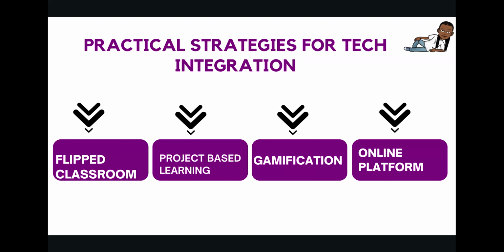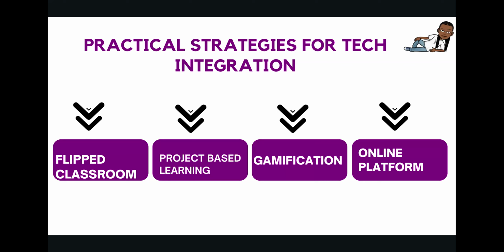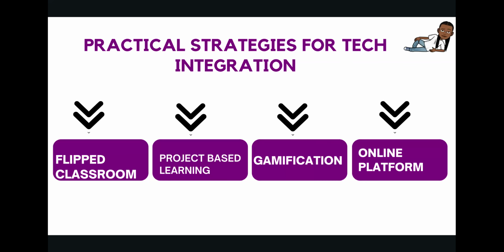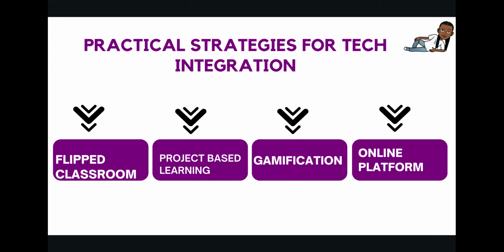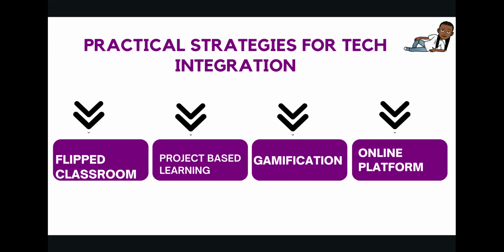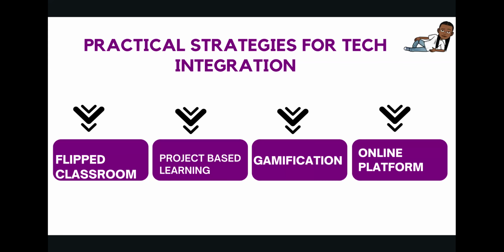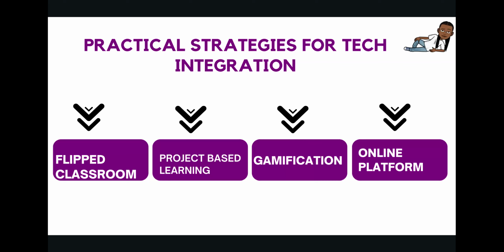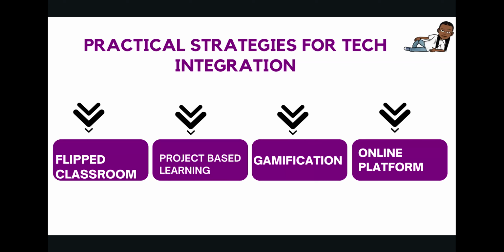On the Bloom's taxonomy scale, the flipped classroom means you do the remembering and understanding stages at home. Then when you come to class, the higher order thinking is what you focus on. Over time, we've observed that a lot of teachers don't give quality time to the teaching and learning process.